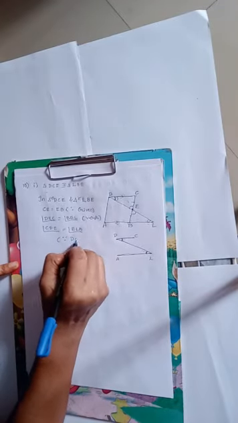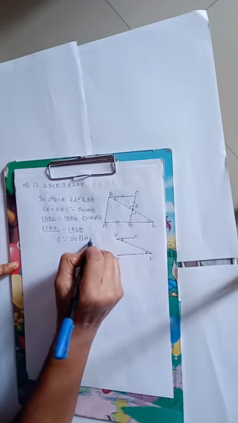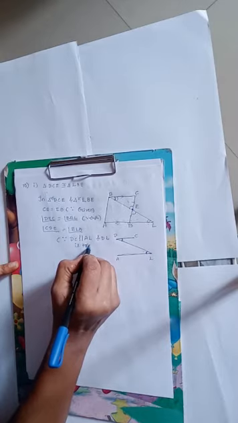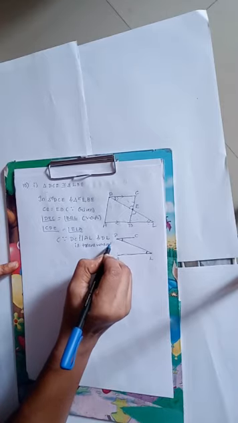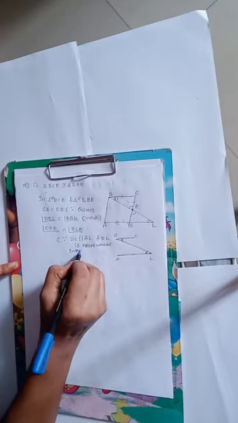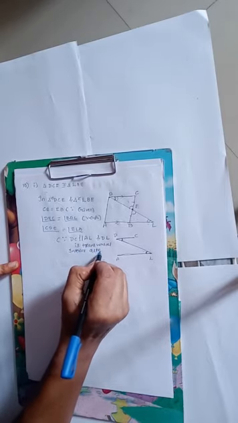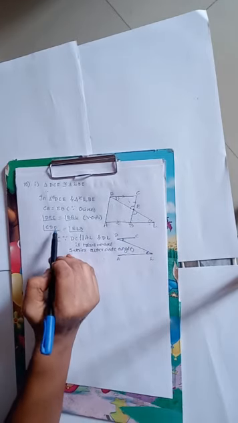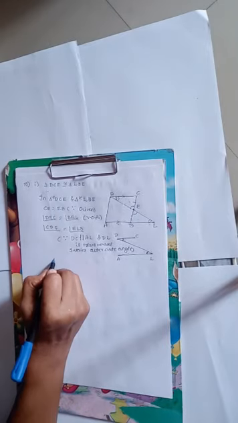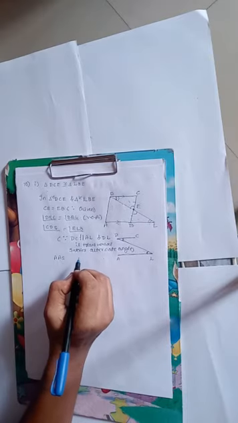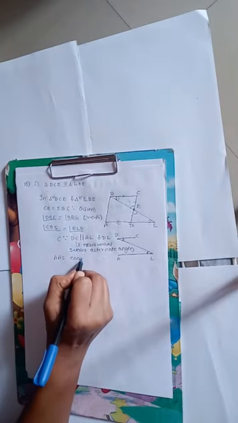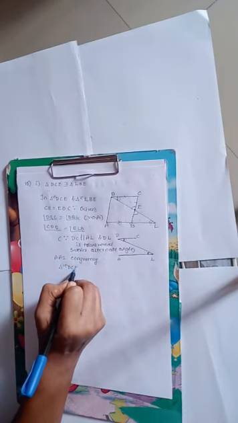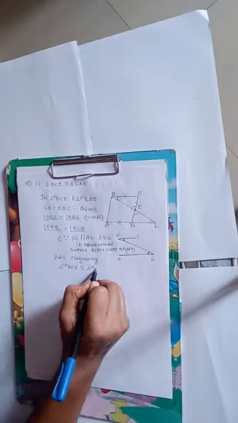Because DC is parallel to AL and DL is a transversal, interior alternate angles. Now two angles and one side are equal, so by the AAS congruency condition you can tell that triangle DCE is congruent to triangle LBE.